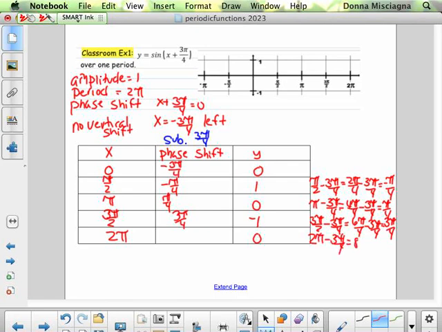So that's 8 pi fourths minus 3 pi fourths, so that's 5 pi fourths. So 5 pi fourths. All right, so this is our new x. Oops, but our y is still y. That's supposed to say new.